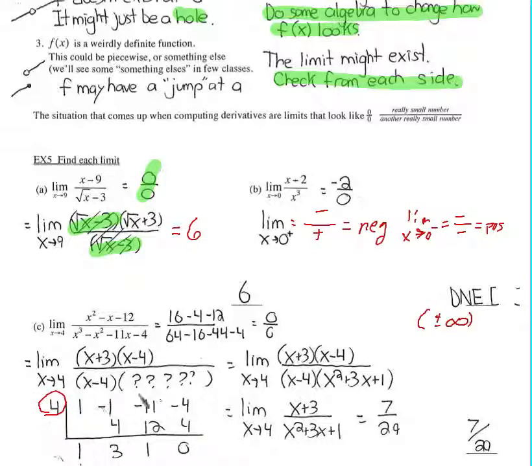And then if you notice what I have over here is what's referred to as synthetic division. In synthetic division, I'm taking the coefficients of the polynomial that I'm dividing, right?